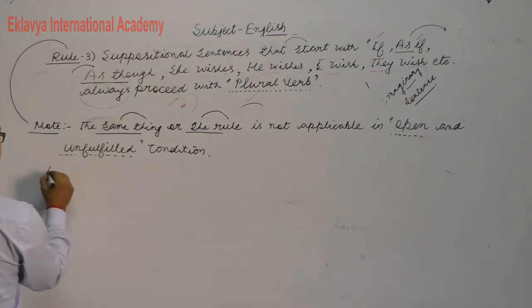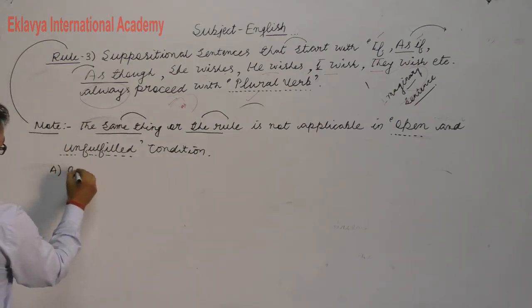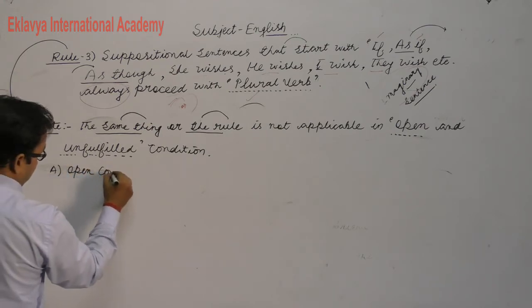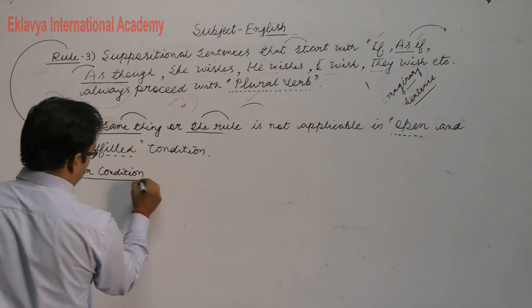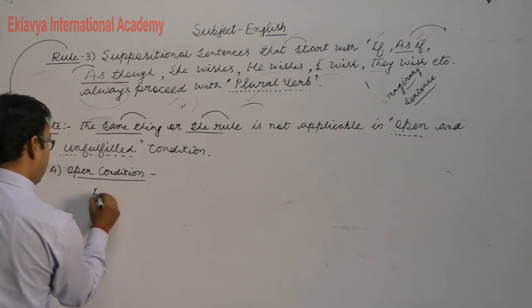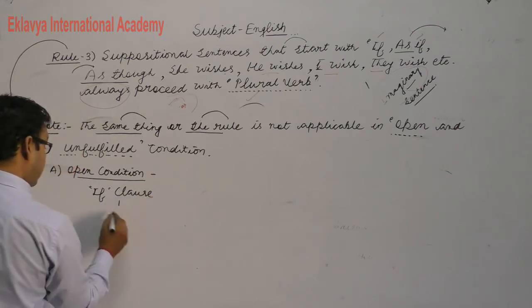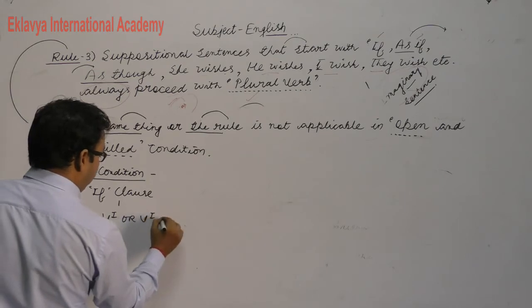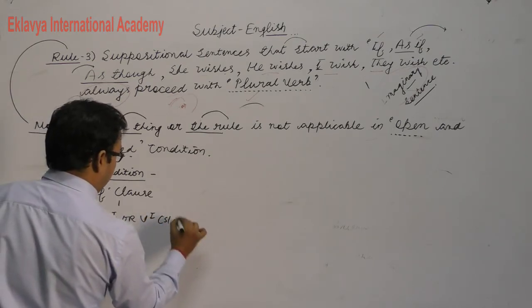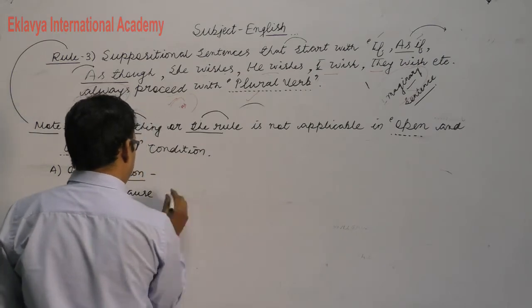Okay, what do you have in open condition? Open condition, if clause: first form, or first form with s and es as per the number and person of the subject.